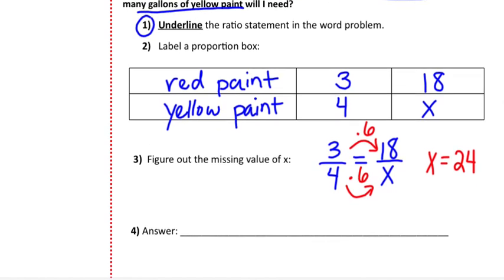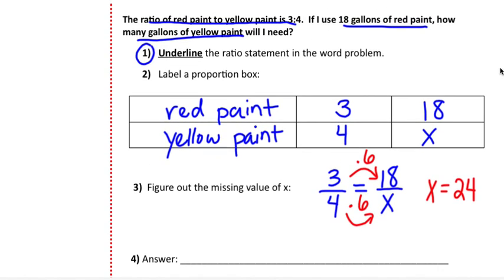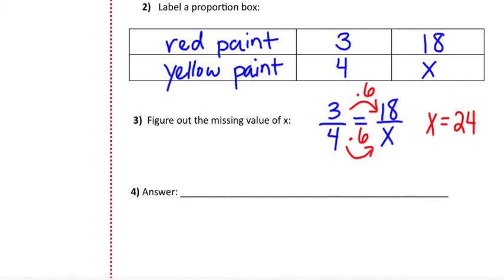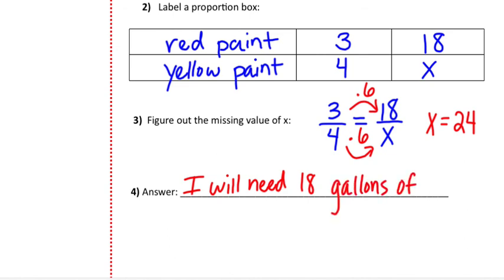So again, let's go back to the question. How many gallons of yellow paint will I need? Our answer is 18, but we're going to write a complete sentence. I will need 18 gallons of yellow paint.